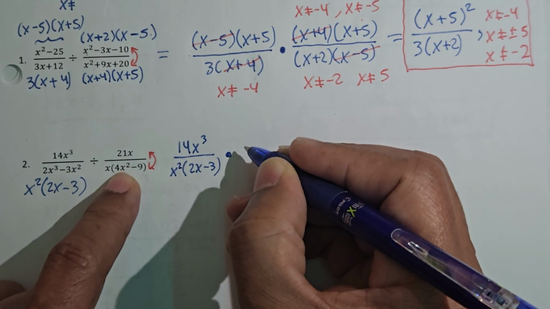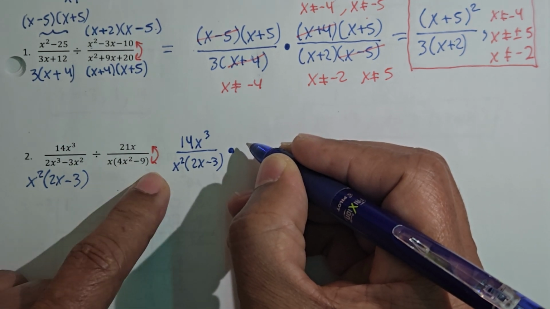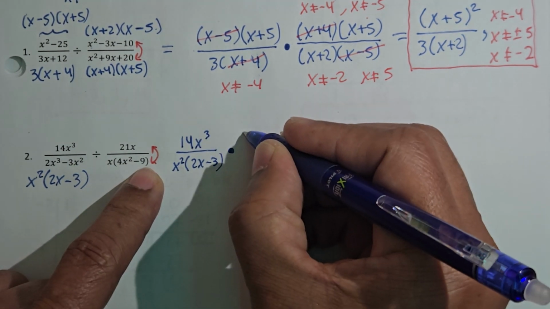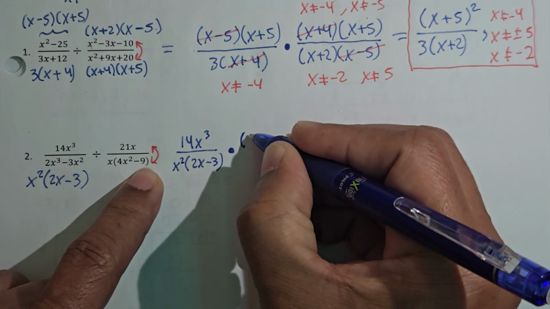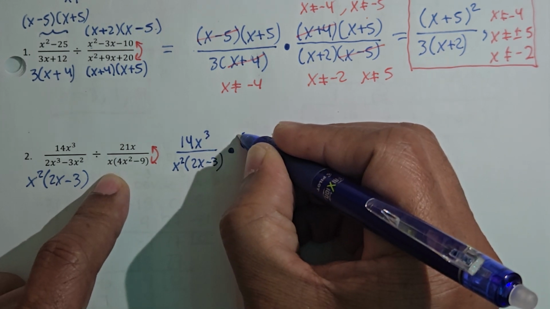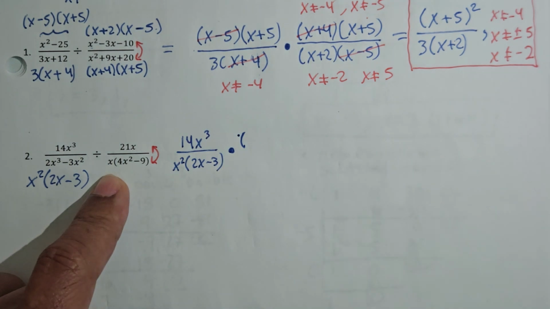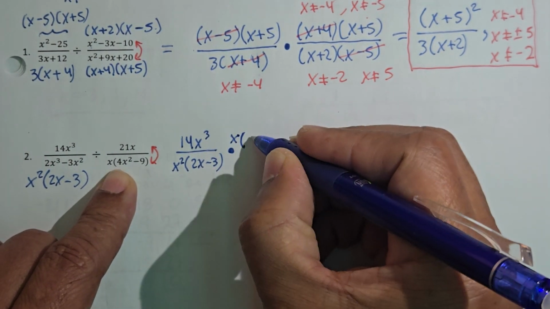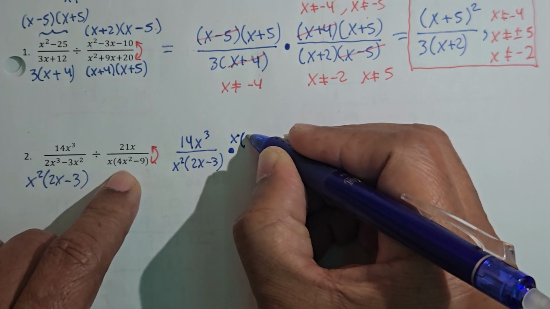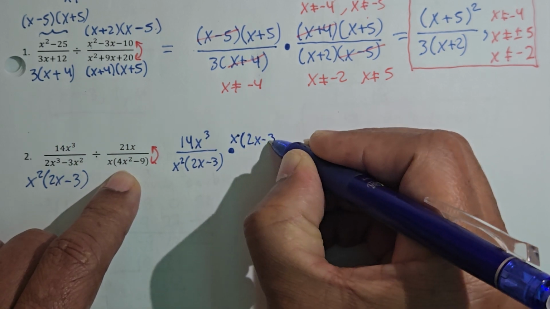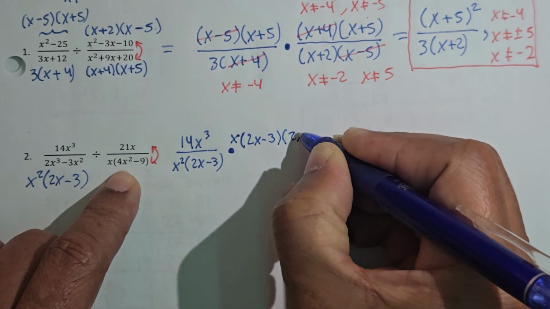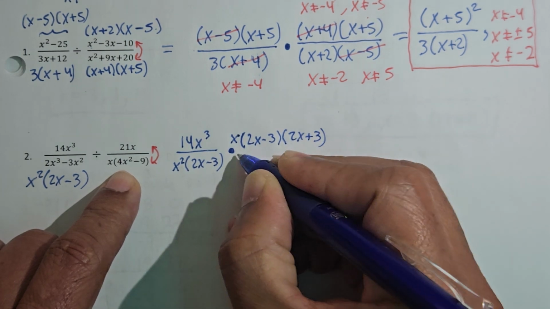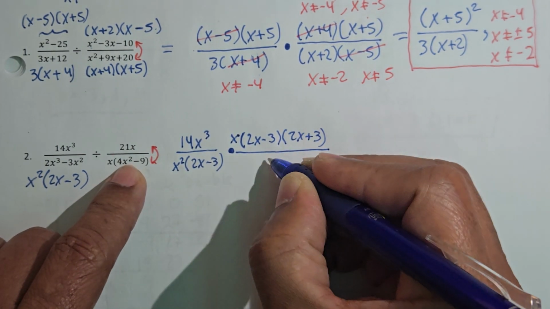Notice that this is a difference of squares, because 4 is a perfect square and 9 is a perfect square. So this becomes 2x minus 3 times 2x plus 3, with x here, and in the denominator we have 21x.